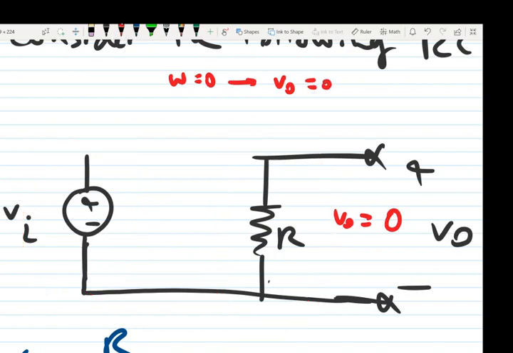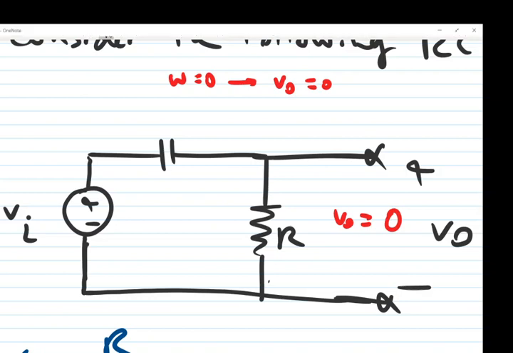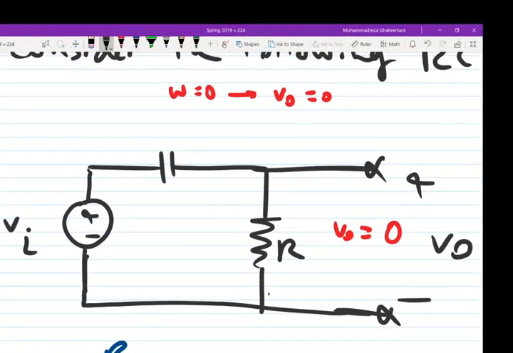Now let's continue. Let's put the capacitor back. Now we want to analyze this circuit at frequency infinity. If omega is infinity, this capacitor will act like a short circuit. Okay, what is VO in this circuit? If you look, there is a wire connecting these two parts.